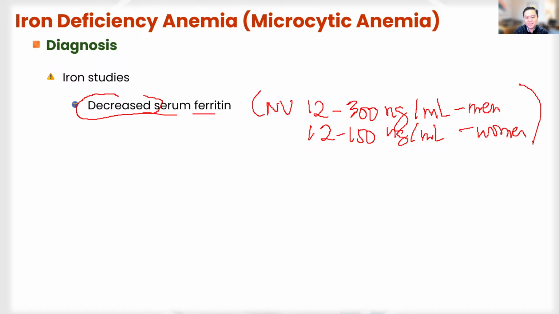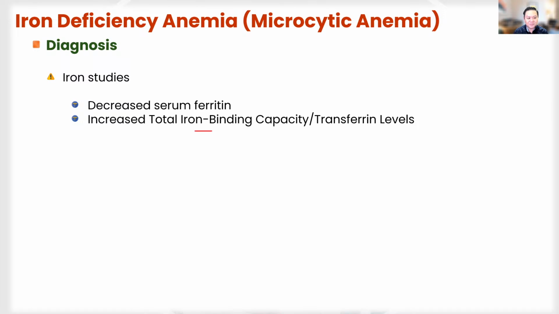All right. Now, another test under the iron studies will be the increased total iron binding capacity, or TIBC. So what is this? This is going to measure how much transferrin, the protein that can transport the iron, is available in the blood. Let me write that down.